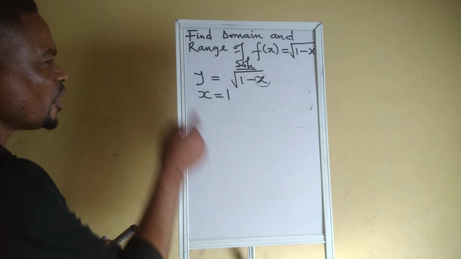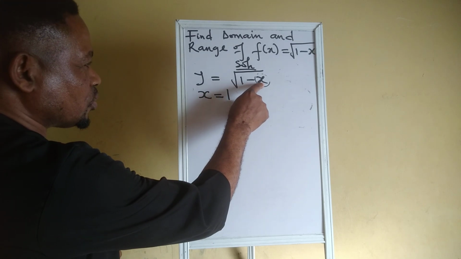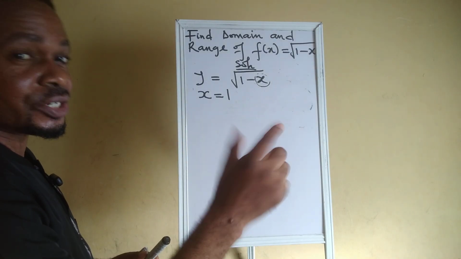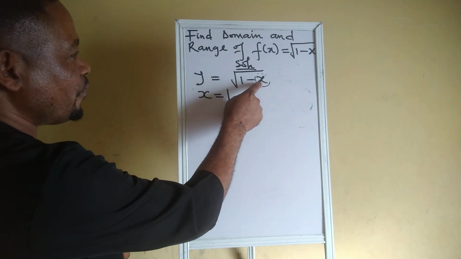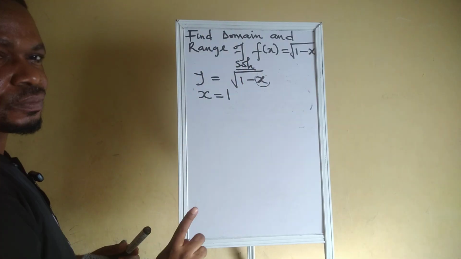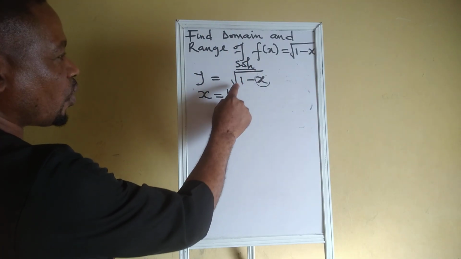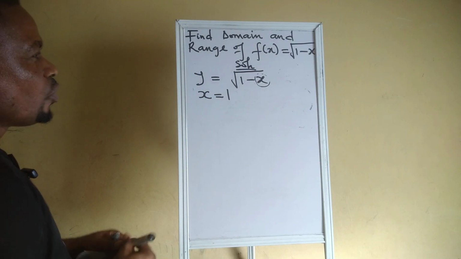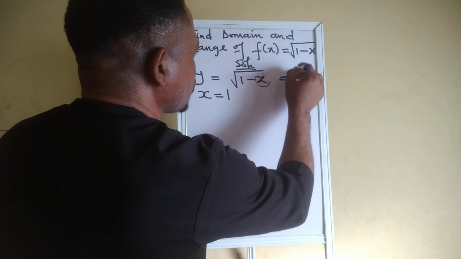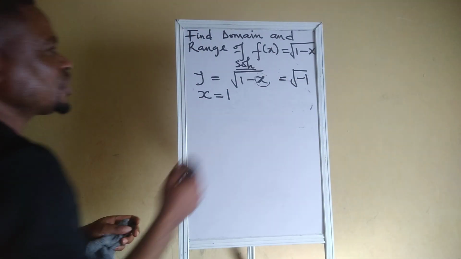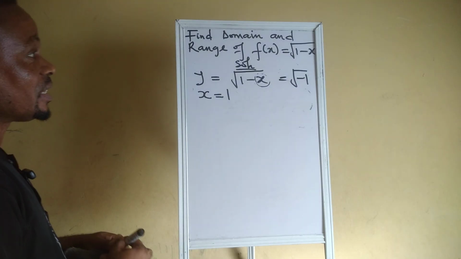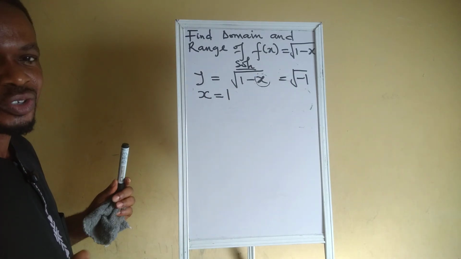Now, if I move again when x is 2, there is a problem. Do you know why? By the time I remove x and put in 2, it will become square root of 1 minus 2, and 1 minus 2 will give you square root of minus 1. Can you see that such a thing does not exist as far as real numbers are concerned?